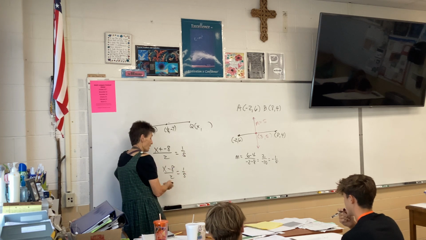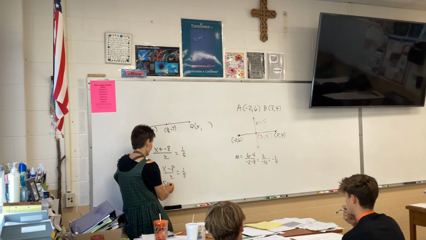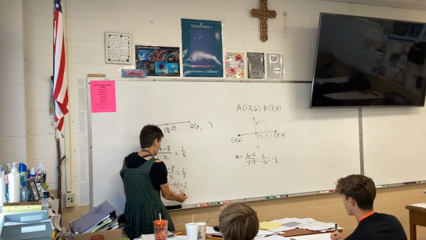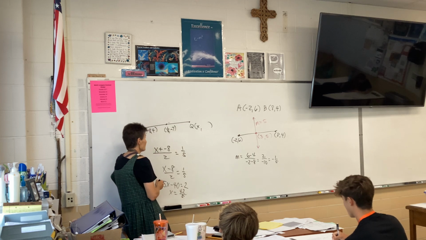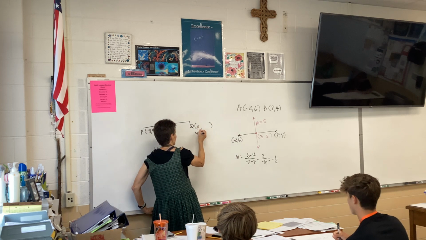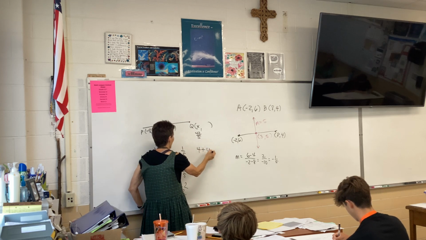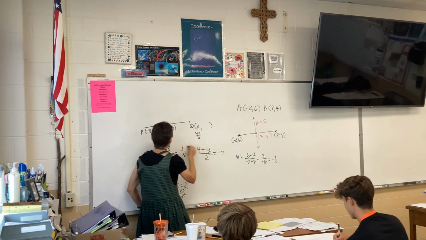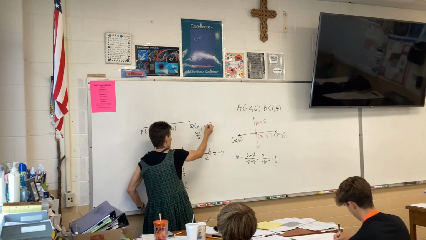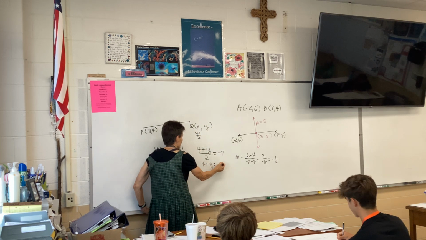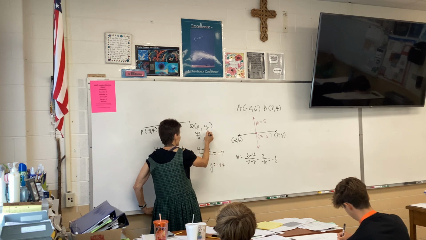I'll cross multiply, but you can do whatever you want here. So it looks like that's gonna be 42/5. And then I can do the same thing. 4 plus y divided by 2 is -7. The average of 4 and y has to be -7. So it looks like that one is -18.